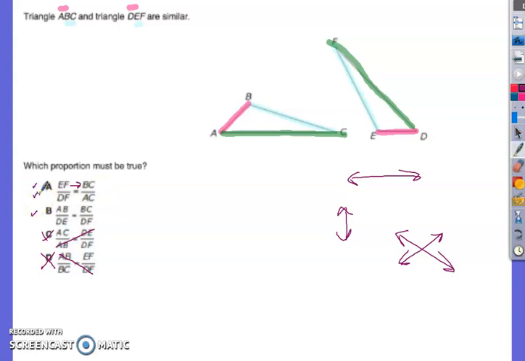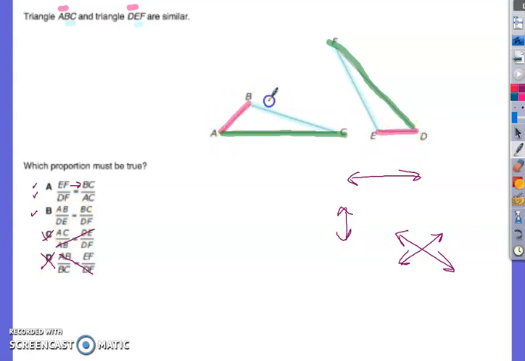And I'm going to do the other one, which says DE and DF. DE and DF. Those will not go together, okay? Those will not go together. Okay, so let's look at these. Those are on the same shape. Okay, so I'm just going to double check this. AB with DE. AB with DE.